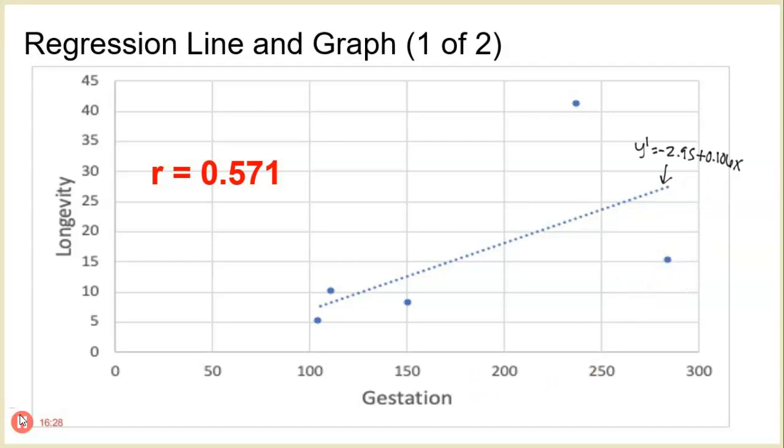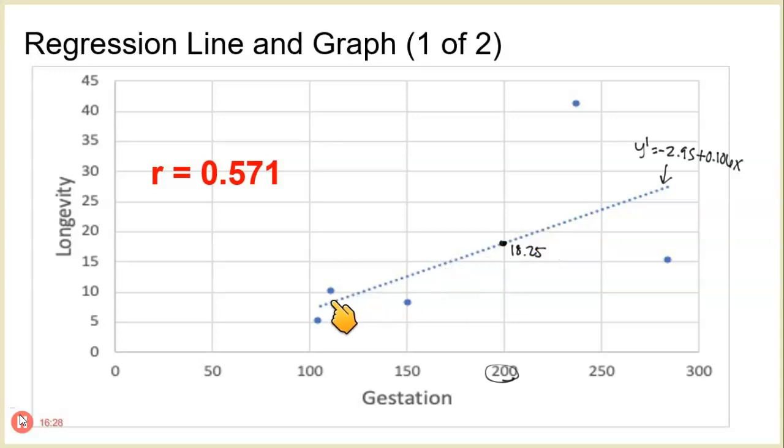And if I look at 200, so we were predicting this value, and if I look at my line, this is the 18.25 that we got. So that's a prediction. Any point on this line is just a predicted value. That's what the y prime indicates, that these are all the predicted longevity values based on the 5 points that we have access to.